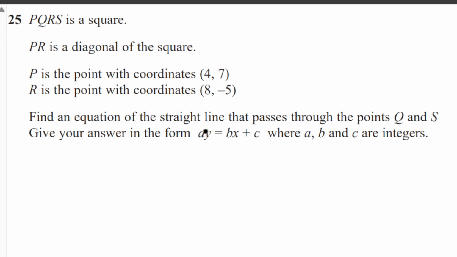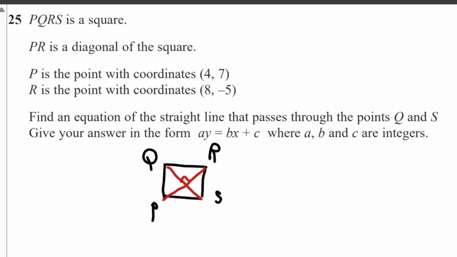Now, to make you understand this, let's just draw a very strange looking square here. Let's say this is a square. Let's call this PQRS. The diagonals meet up at a point where it's 90 degrees. They are perpendicular to each other.